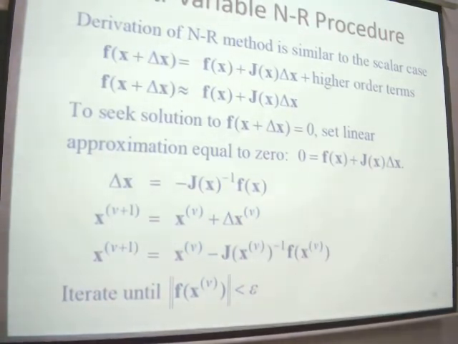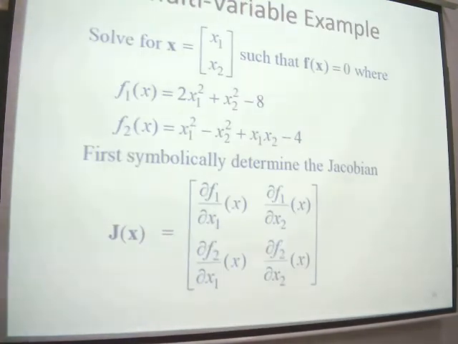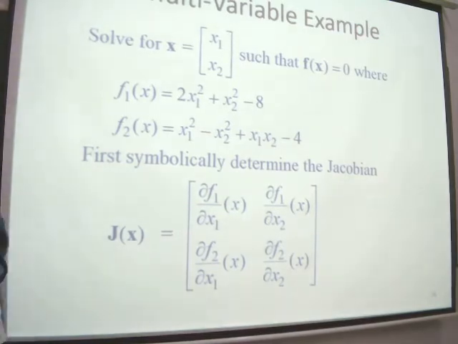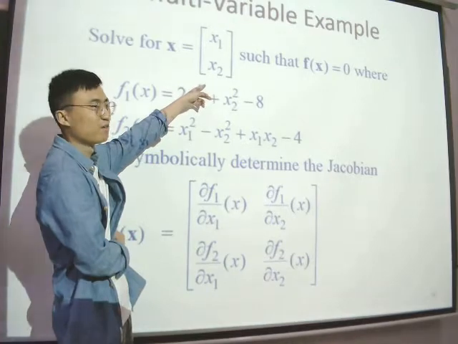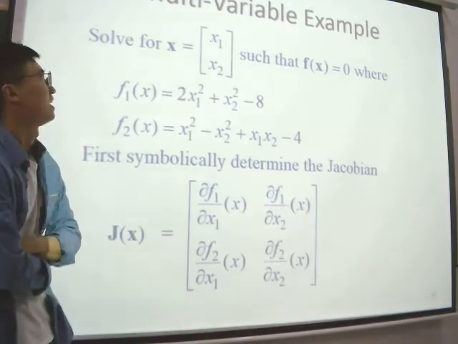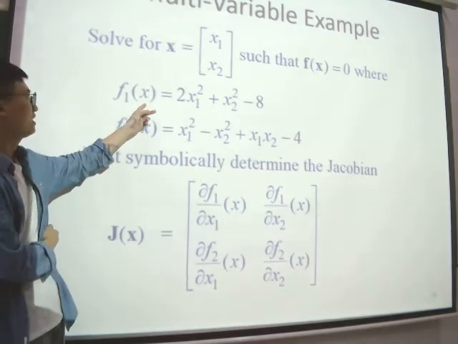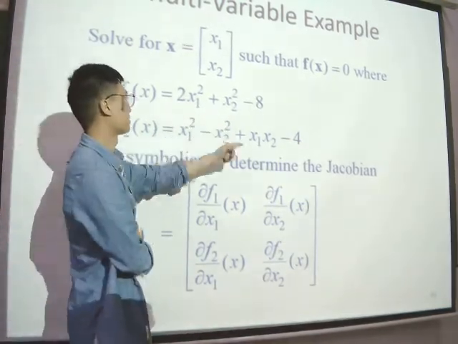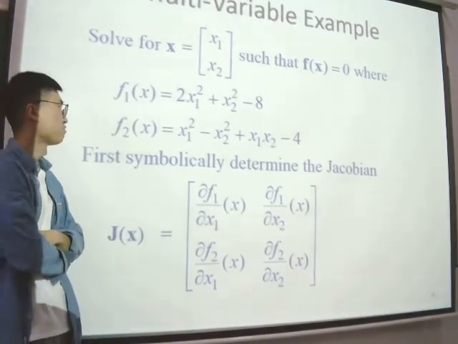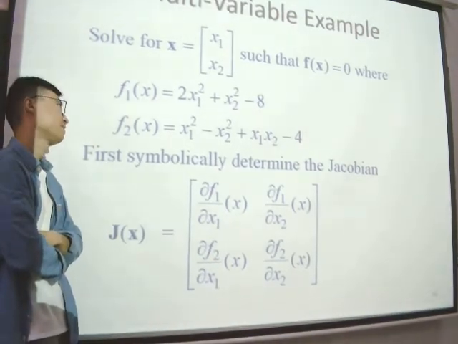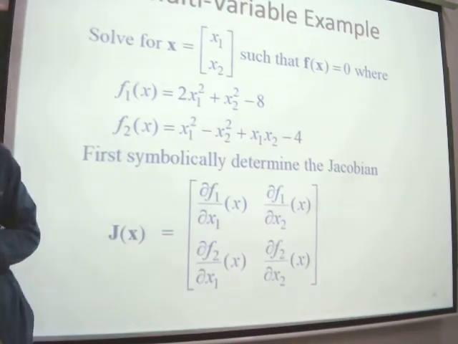Okay, we'll see one example. It's quite easy, right? There are only two variables in this x. The first function, f1, is equal to 2 multiplied by the square of x1, plus the square of x2, minus 8.